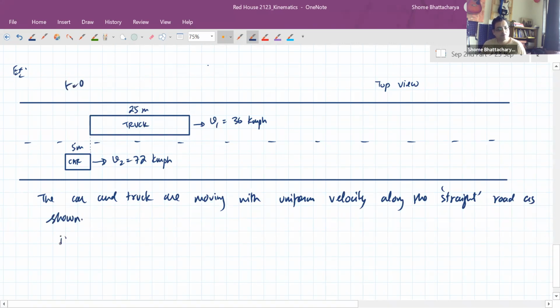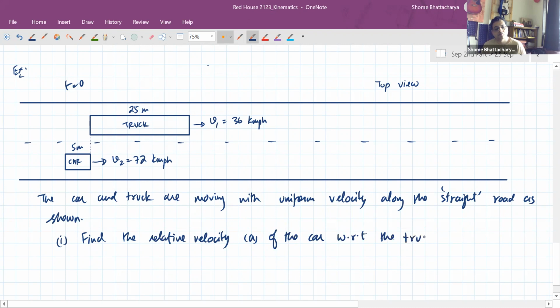So first of all, we have to find the relative velocity of the car with respect to the truck, and the truck with respect to the car.